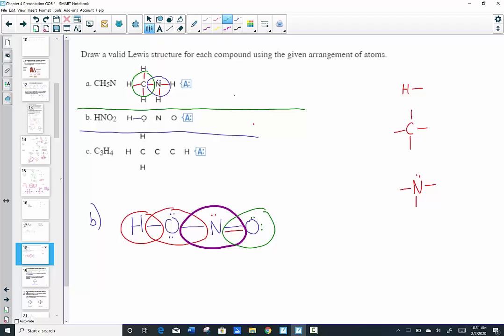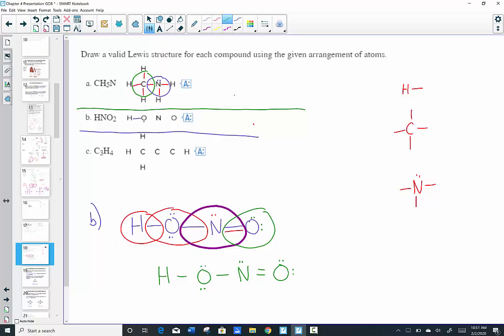And that completed the structure following the bonds and the dot requirements for each of our atoms. Let me clean it up just to redraw so you can see: it's oxygen, nitrogen, then another oxygen. We completed everybody's lone pair just like that. Perfect.